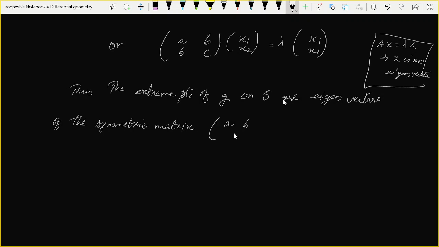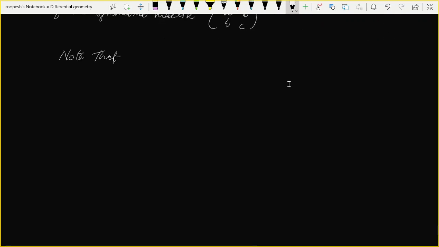A, B, B, C. Note that, in order to find this extreme point, we want to find what is the eigenvalue.